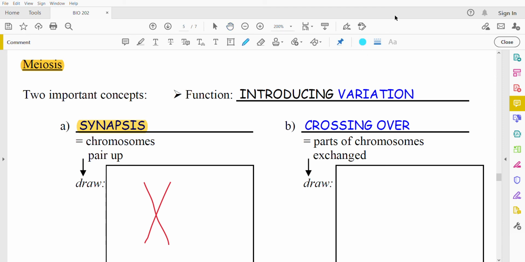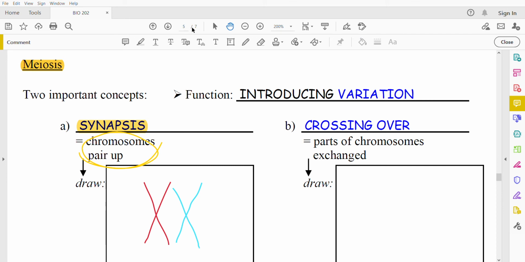I'm drawing two chromosomes of different colors for a reason that will become obvious in a moment. But these two chromosomes end up hanging out next to each other. They pair up next to each other. That's an important event that happens during meiosis, and that event is known as synapsis. During synapsis, these chromosomes pair up next to each other.